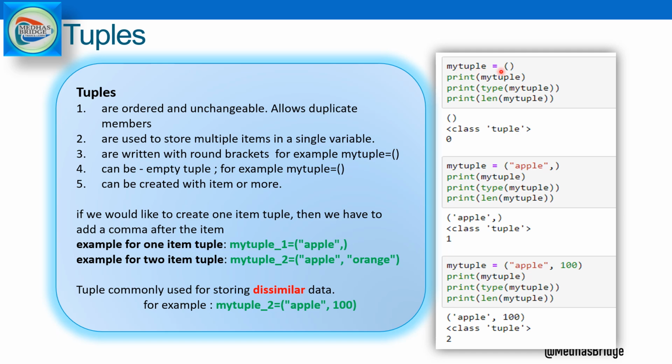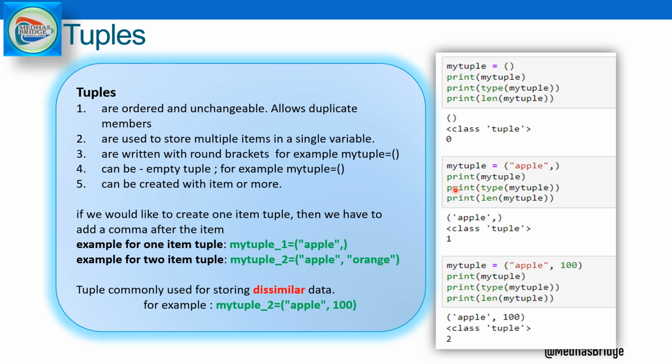Here is an example. My tuple is an empty tuple. Print my tuple, print type of my tuple and print length of my tuple. Here is the output: empty tuple, type of tuple and size of my tuple. Here is the second example, my tuple with one item.